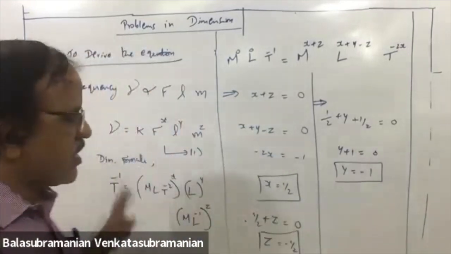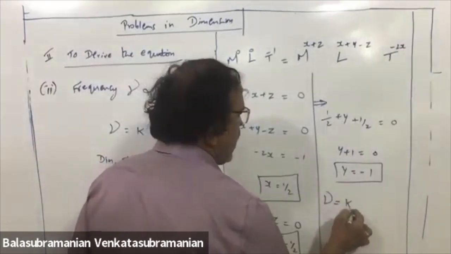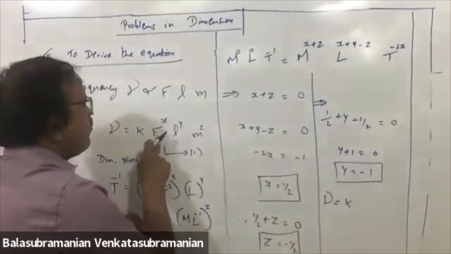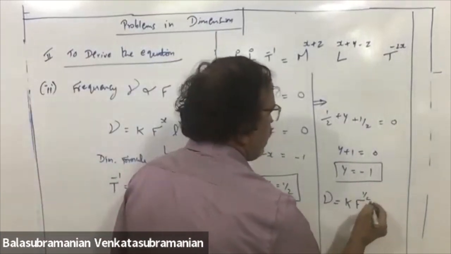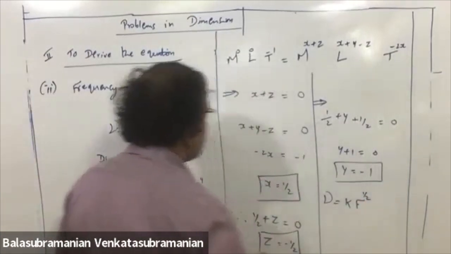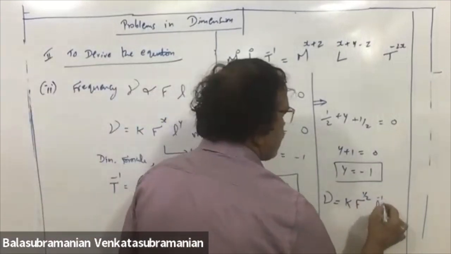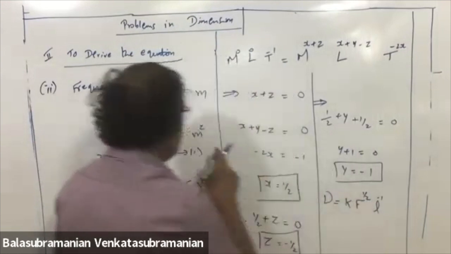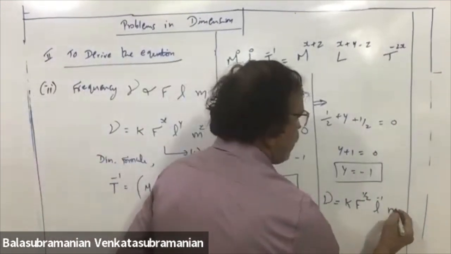Substitute in equation 1. Nu is equal to k into F power x, F power half, L power y, L power minus 1, m power z, z is minus half.